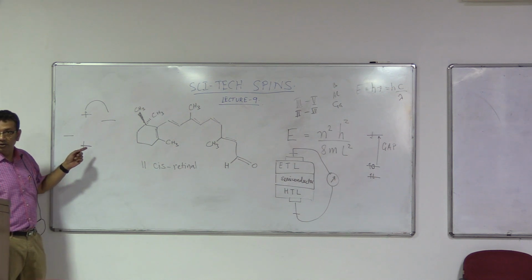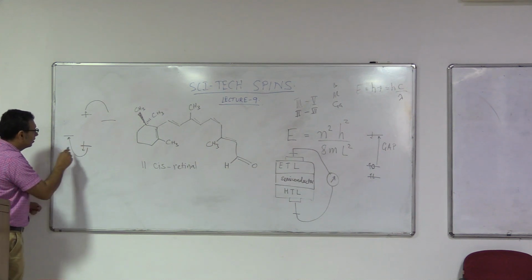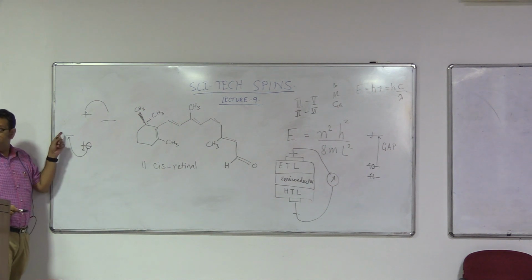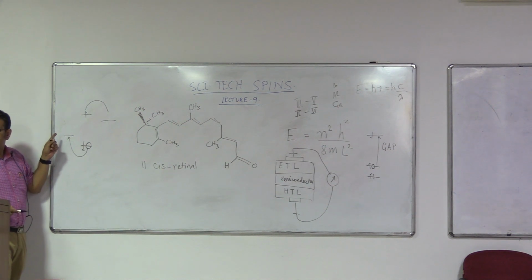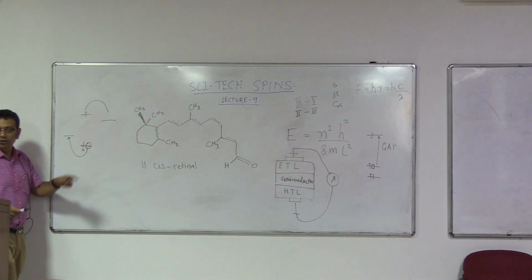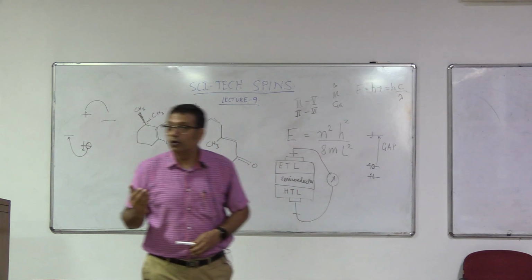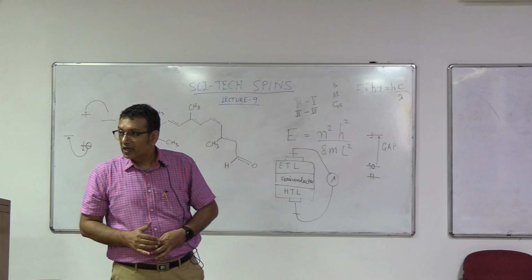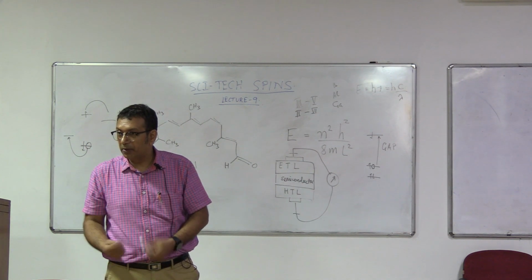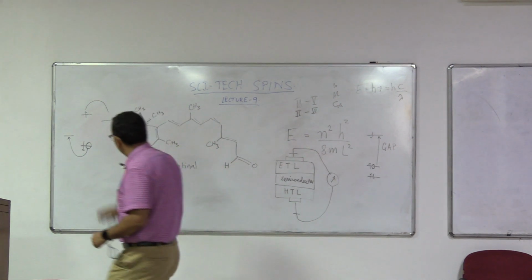Actually, if you're looking at holes and the movement of holes, that's a lower energy level for the hole. If you want, you can think of the electron moving from here to here. But I don't know what you like to think. Thinking about the hole is much easier. Because if you think of a bubble in a bucket of water, what do you want to say? The bubble moves up, or the water moves up?